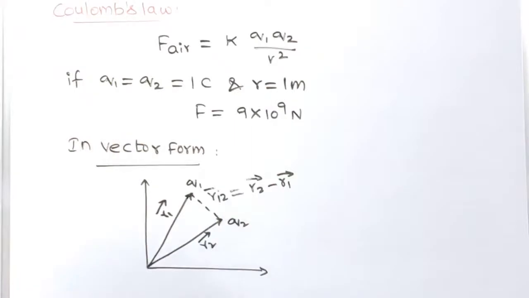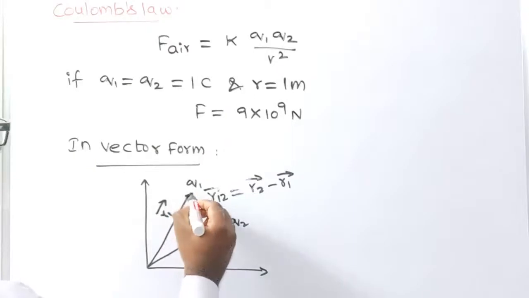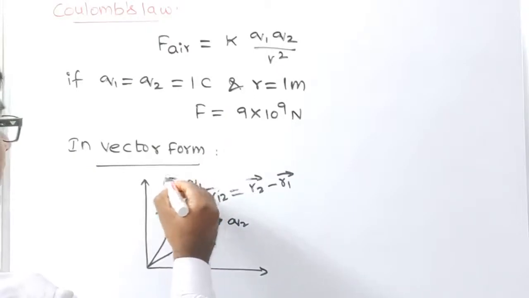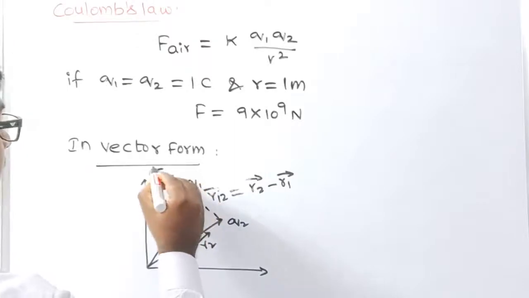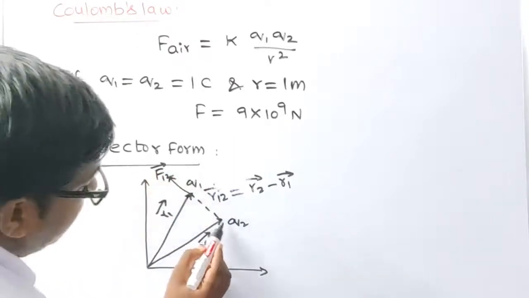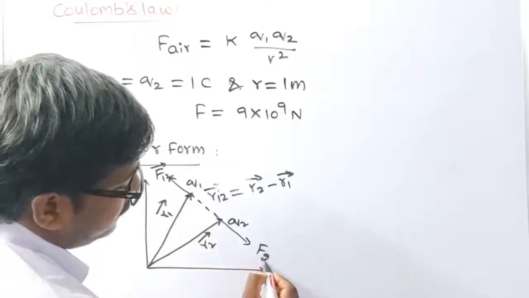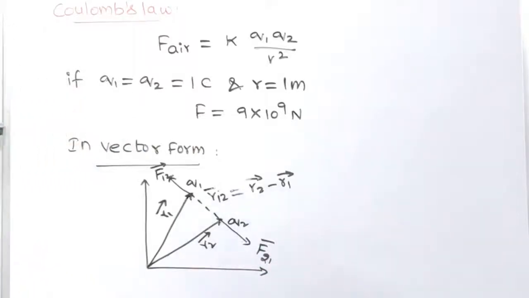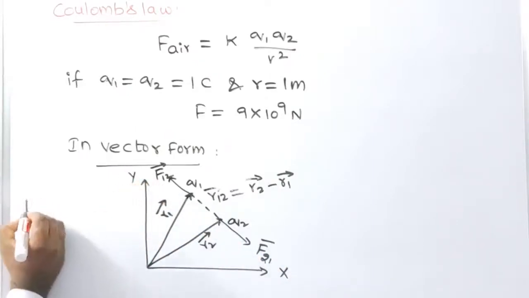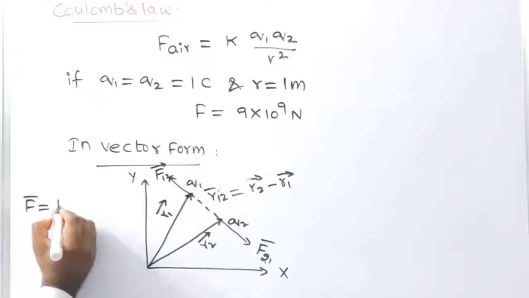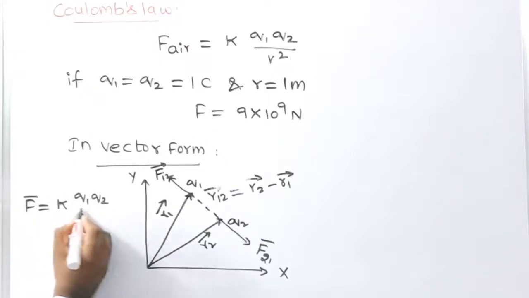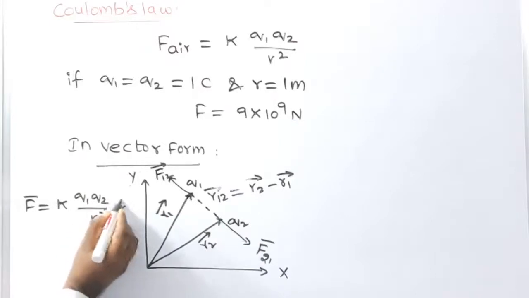The force on Q1 due to Q2 is F12. The force on Q2 due to Q1 is F21. So taking two axes, x and y, in vector form, F bar is equal to k into Q1 Q2 by R square into r cap, the unit vector.